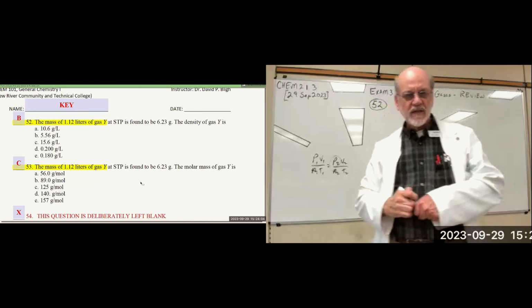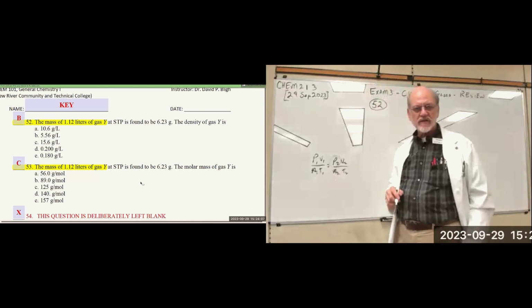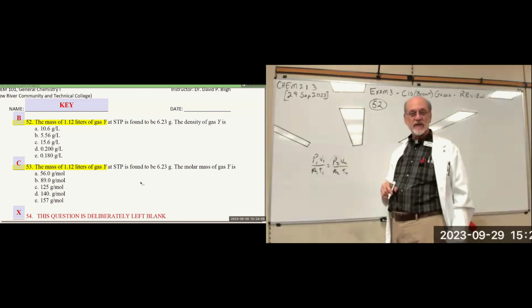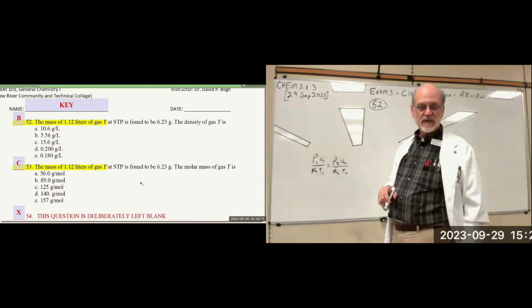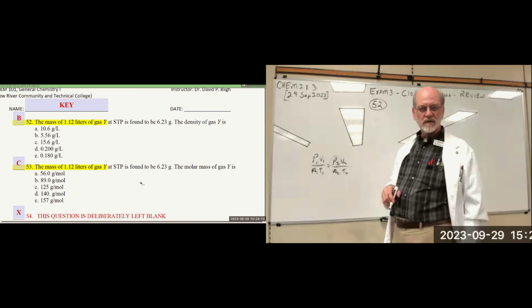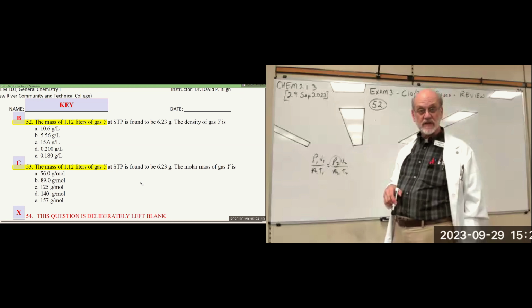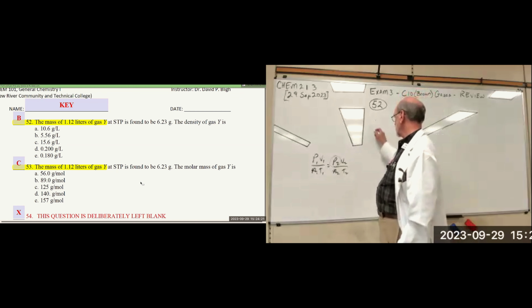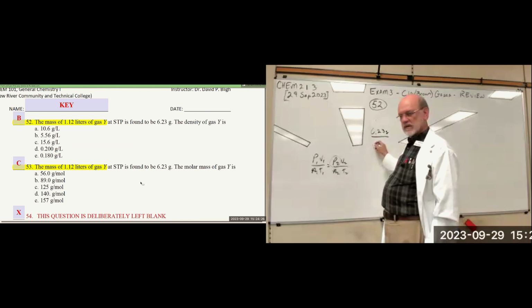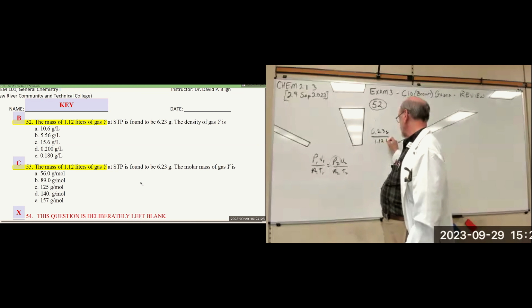52. The mass of 1.1 liters of gas Y at STP is found to be 6.23 grams. The density of gas Y is what? Mass per volume is density, right? So it's just 6.23 grams per 1.12 liters.